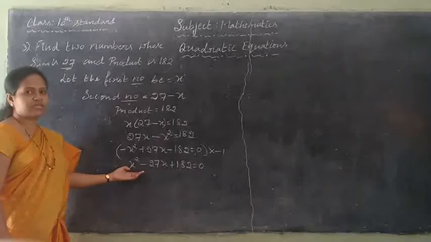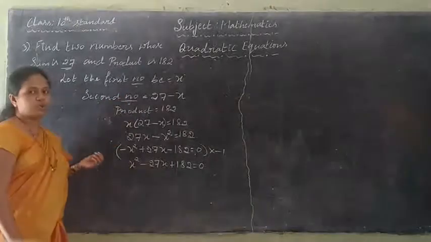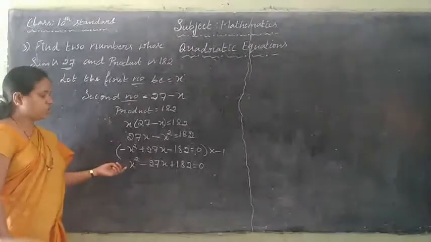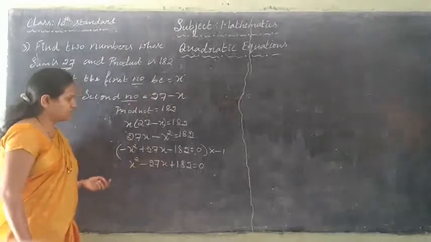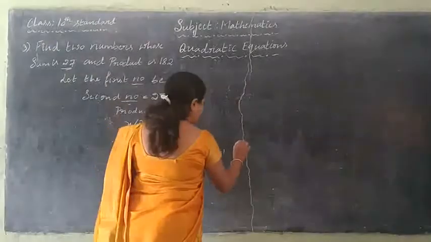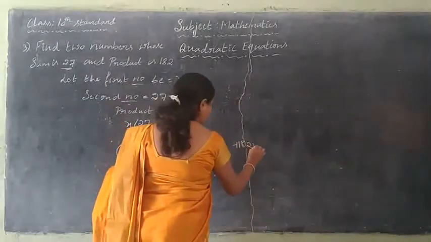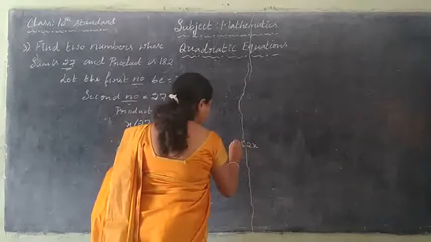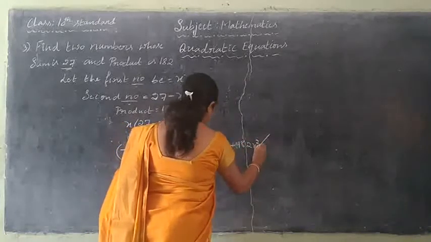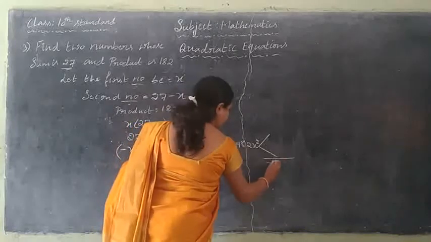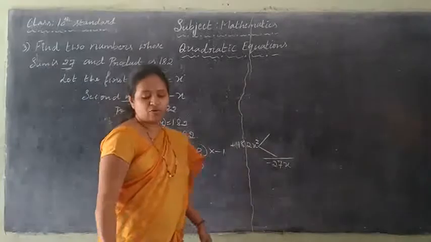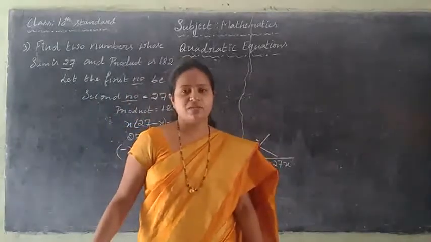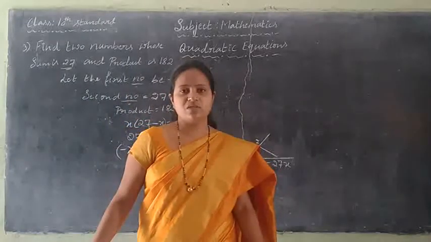Yes, we have to solve this equation by the factorization method, and we have to find out the two numbers, children. Got it? So first we have to multiply the first and the last term. What do you get? Plus 182 x square. So here minus 27x. Right. Now we need two factors, children. Which are the two factors we will consider here?